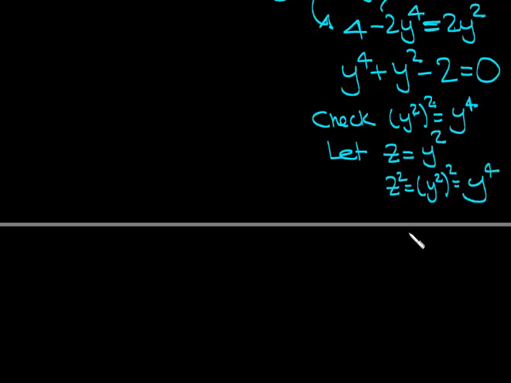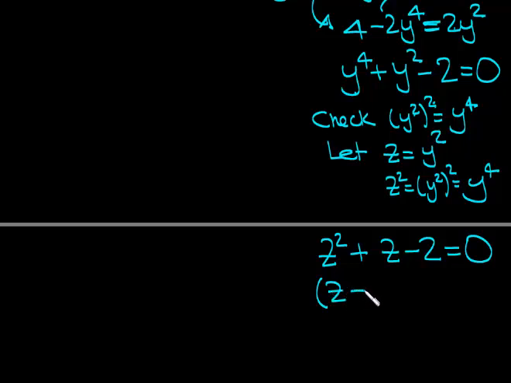So this tells me I want to replace y to the 4th with z squared, so I get z squared plus z minus 2 is equal to 0. I hope you realize that. Now I can easily factor this, so what do I get? We get z plus 2 and z minus 1 is equal to 0.